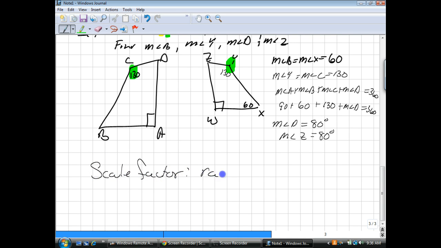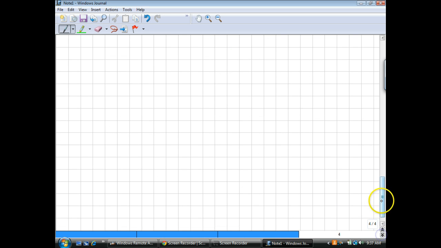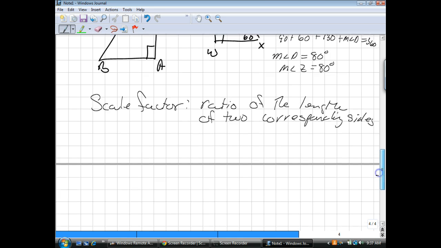And we say it's the ratio of the lengths of two corresponding sides. Okay? And so we can use the scale factor to find the length of unknown sides.